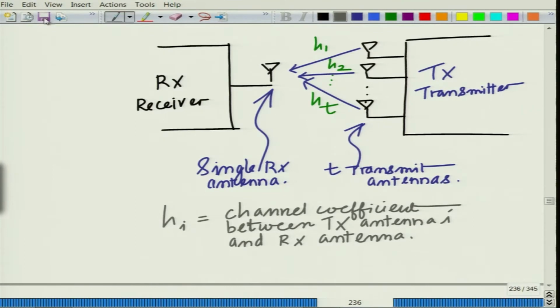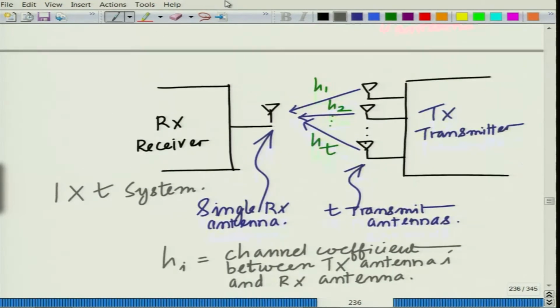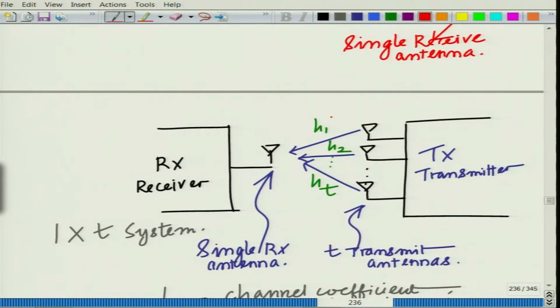Okay, so this is essentially our system model, and this is also referred to as a 1 cross T system, right. So 1 is basically the single receive antenna and T is the number of transmit antennas, and these are the channel coefficients, right. That is what we are saying, that is this H1, H2, HT, these are your channel coefficients.